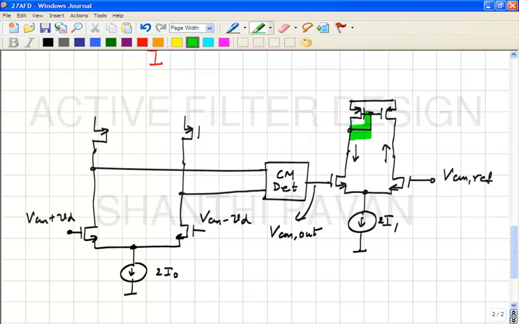Dinesh Jayaraman, why did you say right? Anmol, what do you think? What is the incremental voltage at this node?